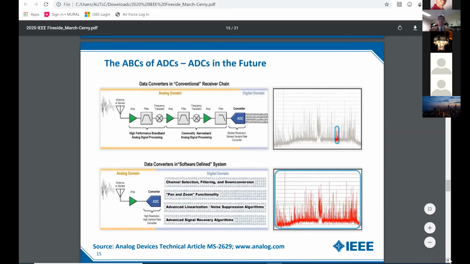Knowing that there are many, many advances happening in the digital domain, we go to the lower picture, and you see now that there is a programmable nature that's available to provide many, many characteristics of your analog signal, or to be able to better match the signal that you're looking for. So you have now almost a zoom capability for your spectrum, so that this is exactly what you're looking for.